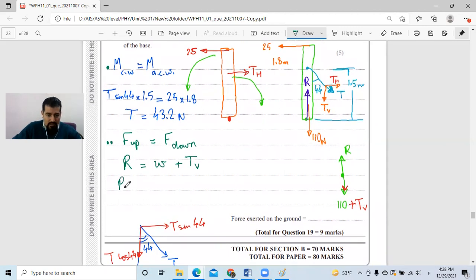So R equals the weight, which is 110, plus the value of the tension, which is 43.2, cosine 44. That means our answer will be 141 Newton, so I can write it as 140 Newton. This is the normal reaction force that acts from the ground on it upwards.